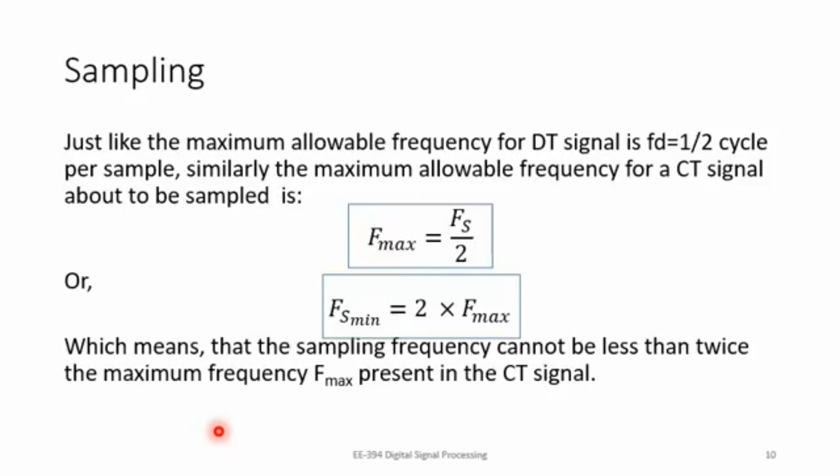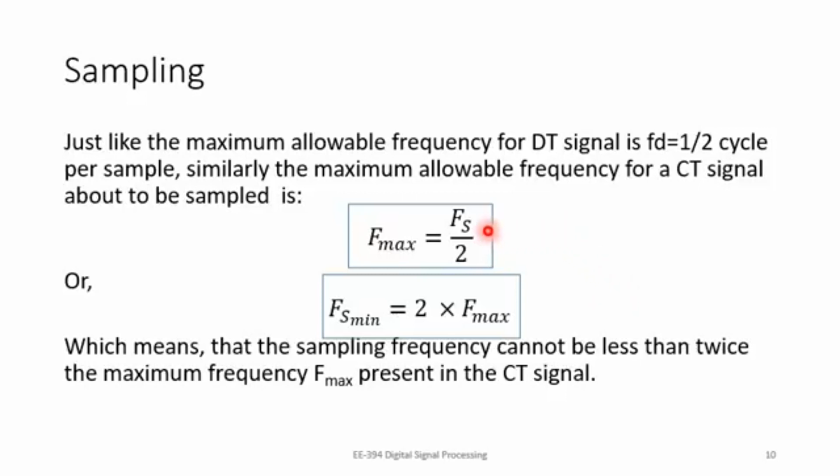Now the question can be whether we select fs or we select fmax. So it depends on the application. For example, we are dealing with a condition where the sampling frequency is fixed and we are told that sampling frequency is 100 samples per second and you cannot change it.